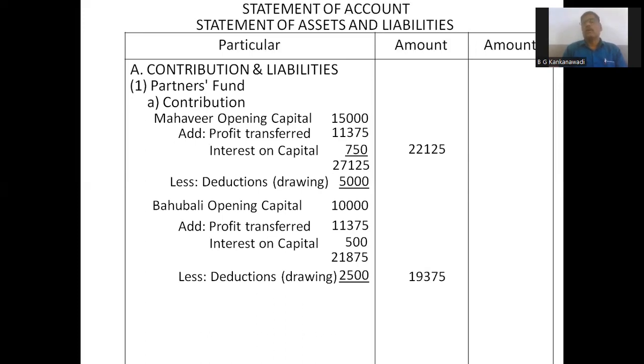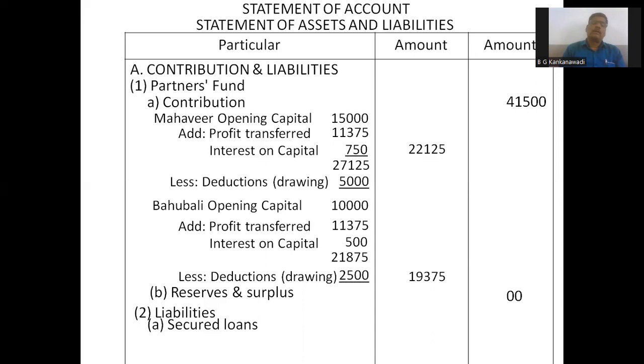So the total of the first partner and second partner goes to the outer column. So total contribution is 41,500. This is the contribution. Then second item, reserve and surplus. Under the reserve and surplus, profit is not given. Then reserve is also not given, so its balance is 0. Then second head is liability.